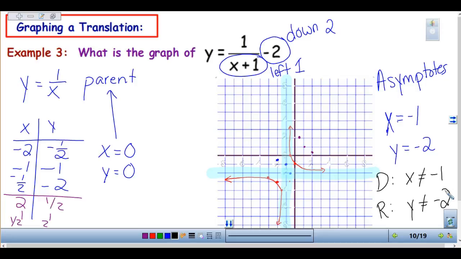You might find that easier. Personally, I think of what my parent one looks like, and then I move it. So instead of picking numbers to put in here to make my table, I actually just do the parent and move it. I do think that is easier, but again, you could make a table and pick numbers here, but you might get some different fractions.